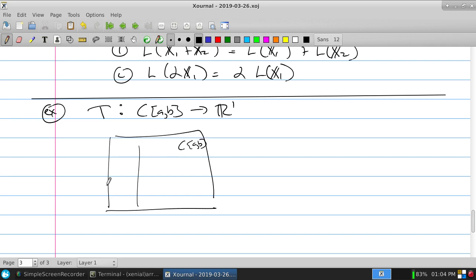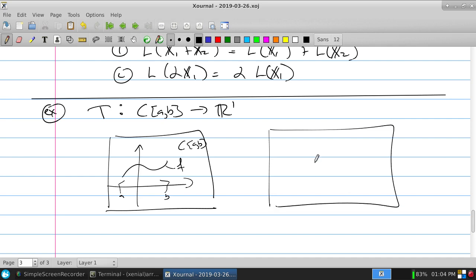What does C[A,B] look like? It's any function that's continuous over AB. And what's obviously R1? Well, it's pretty easy to represent. It's a real number line.